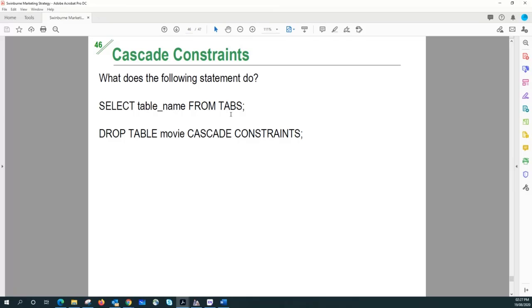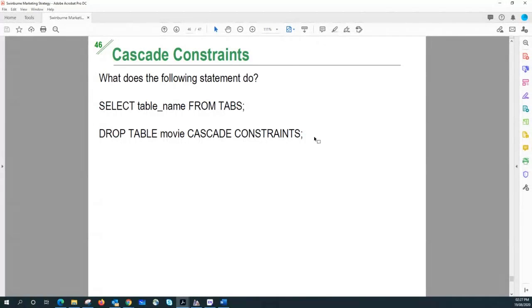So you will get the list of all the tables that you have created, and then we can drop any table we wish by using the cascade constraint statement, right? So: drop table movie cascade constraints. Now what it says is ignore the parent-child relationship, right?